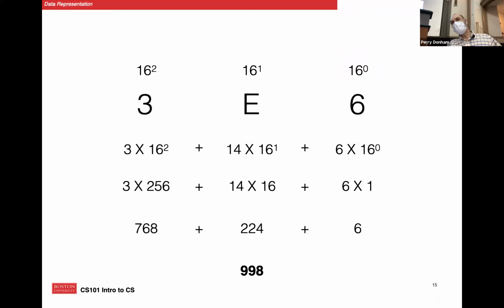Everybody reasonably comfortable with that? From our standpoint, at some point we'll be doing bit manipulation. So we'll be doing way down in the weeds, moving bits around and masking and so on. And we'll bounce back and forth between hex and binary. Hex just because it's easy to read, and then binary because we'll be working with individual bits.